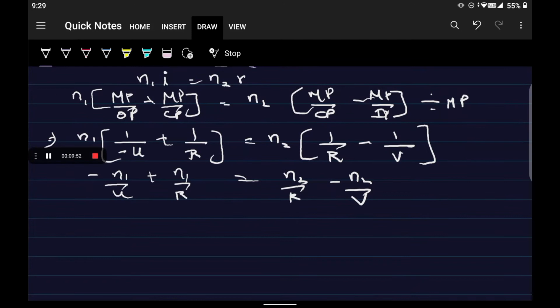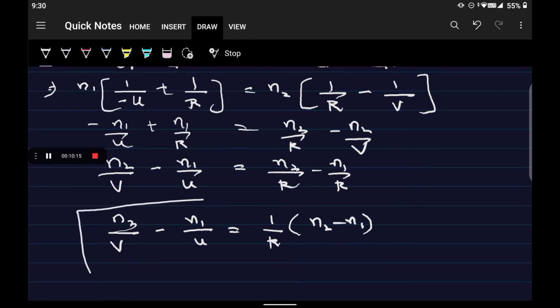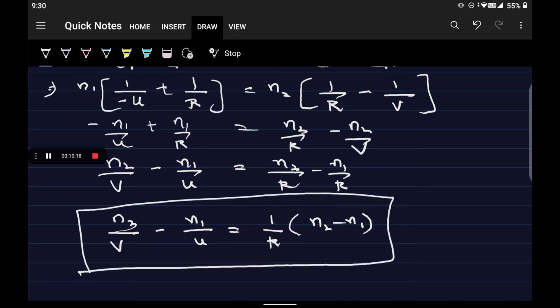Bring u and v to one side, so you rewrite it as n2 by v minus n1 by u, which is equivalent to n2 by R minus n1 by R. So your final expression will be n2 by v minus n1 by u equals 1 by R into (n2 minus n1). This expression gives you the idea about the refraction happening at the refracting surface. Using this you can obtain the lens maker formula, which is useful for making the lens.